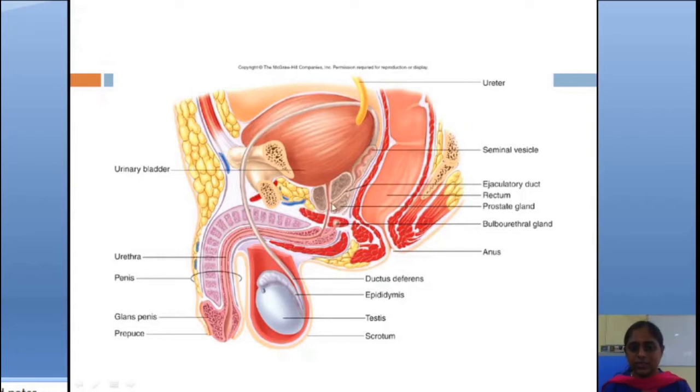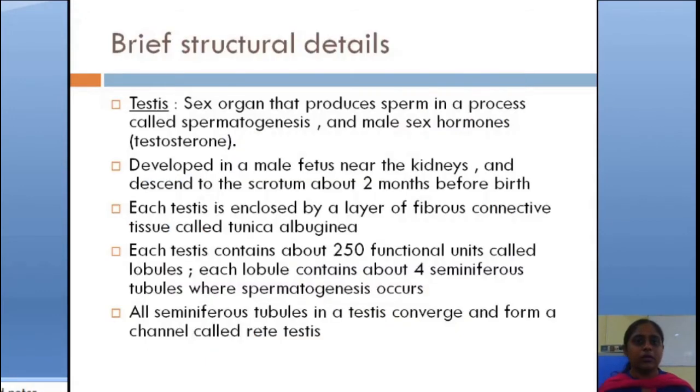These are the prostate glands, and this is the bulbourethral gland. These ducts together join the external genitalia, also called the penis. In this class, we shall study the brief structural details of the male reproductive system.